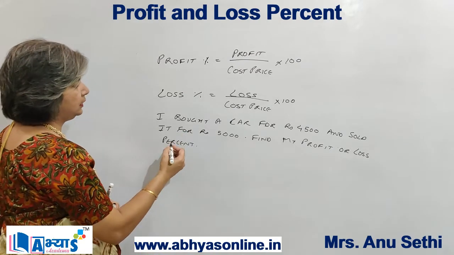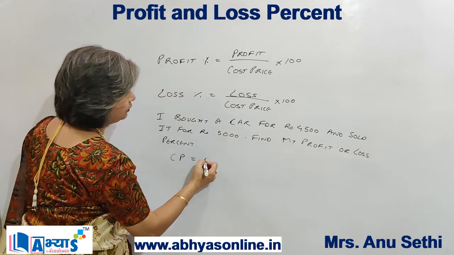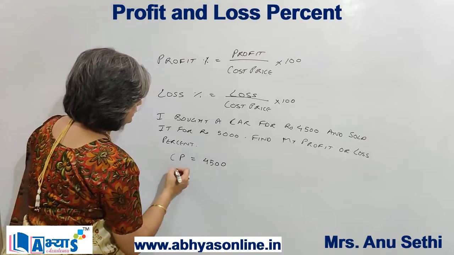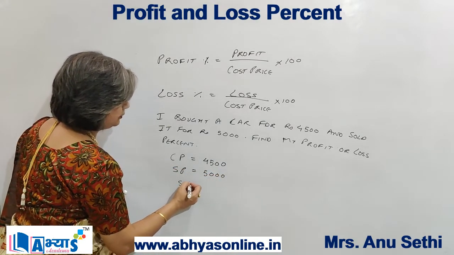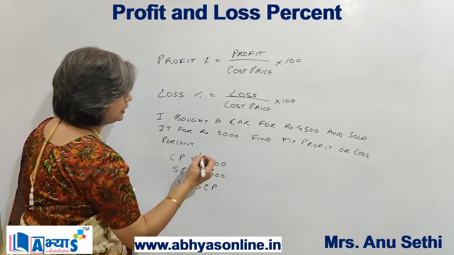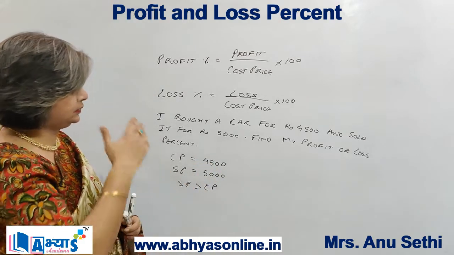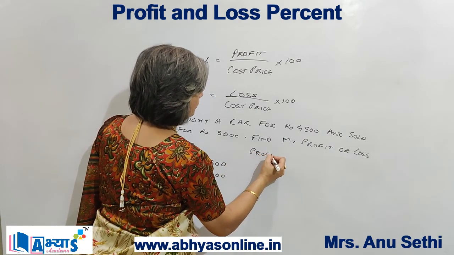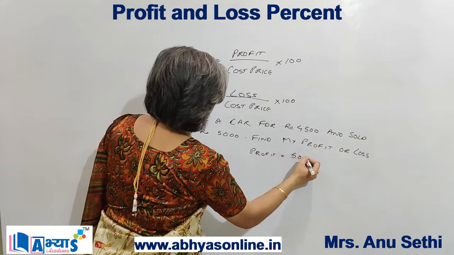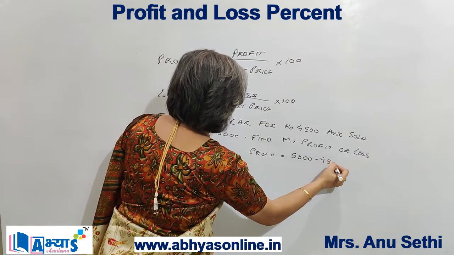So I will see that the cost price is equal to 4500 and selling price is equal to 5000. Now I see that the selling price is greater than cost price. That means I am making a profit in this. So the profit is equal to 5000 minus 4500.